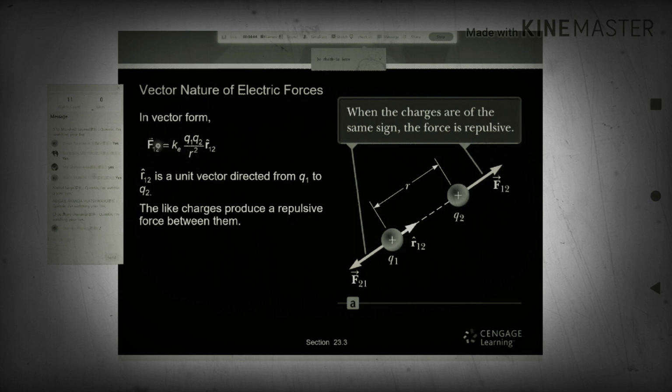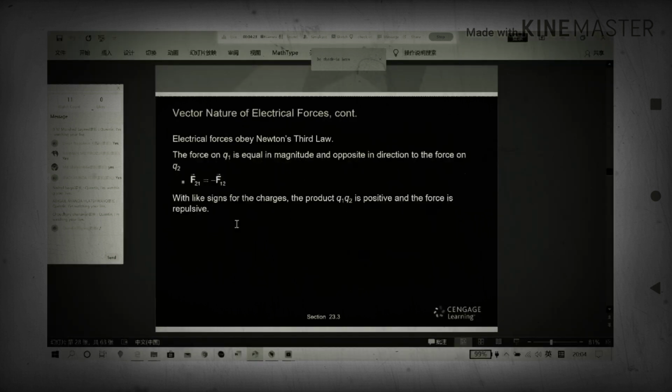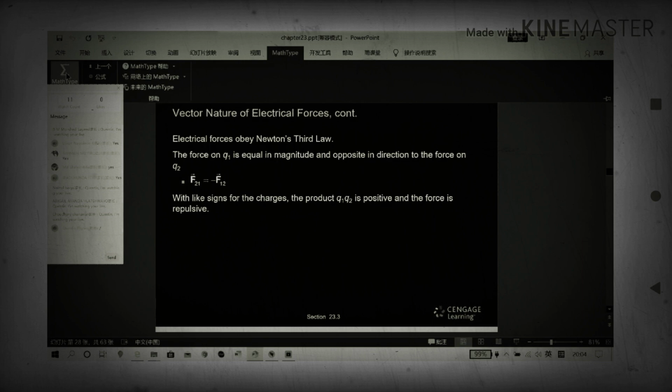Let me ask you a very quick question. What if I apply absolute value on both sides? Let me try to write on the screen.